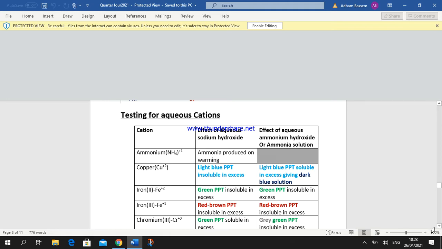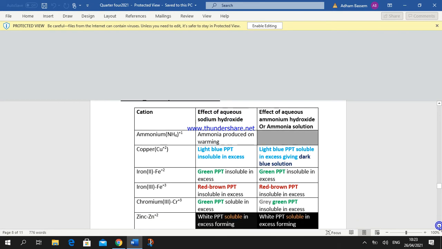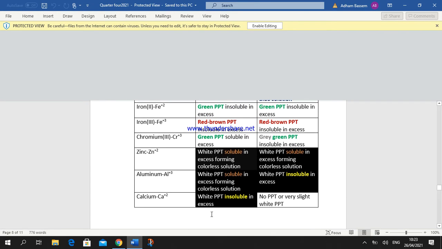After copper, we have calcium cation, aluminium cation, and zinc, because all of them produce the same color of precipitate. Look at the calcium.